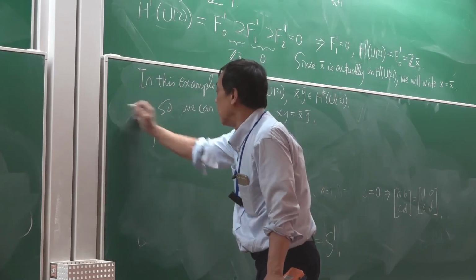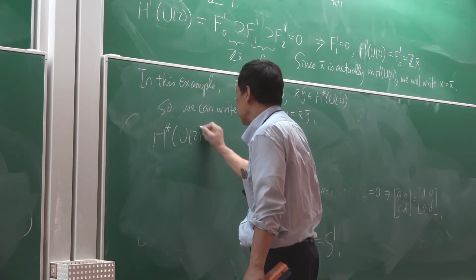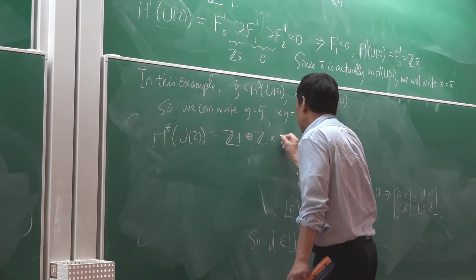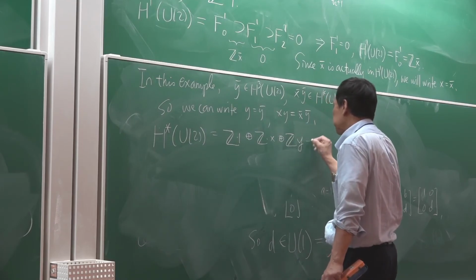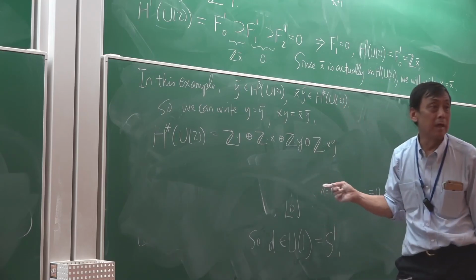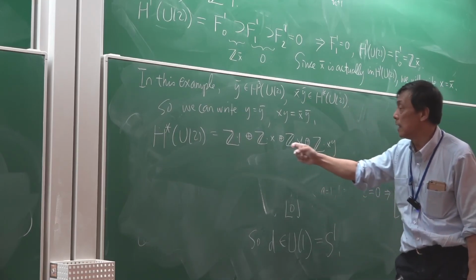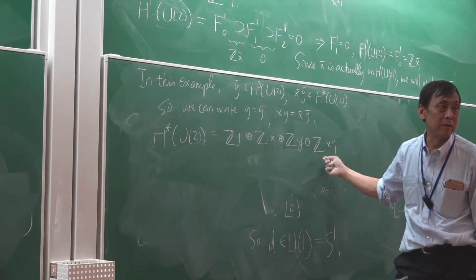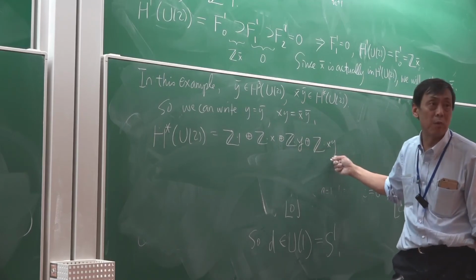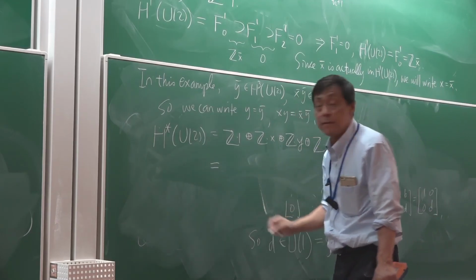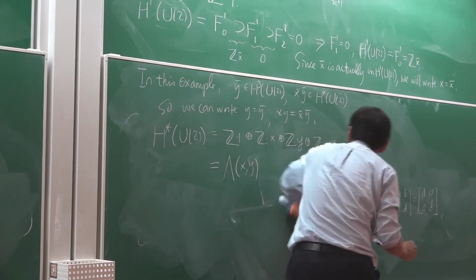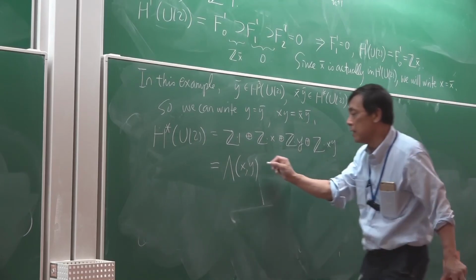So the cohomology of U2 is Z1 plus Zx plus Zy plus Zxy, and it tells you how things multiply here. The generator x times the generator y gives the generator xy in degree 4. So this is the free exterior algebra generated by x and y.